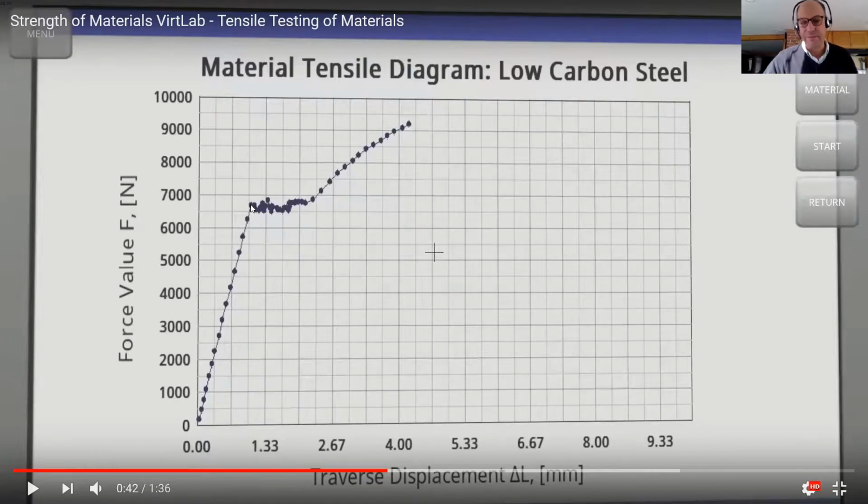We've taken off here on the force elongation graph 6,700 newtons, right, is our force, and that allowed us to extend that 1 millimeter. So 1 millimeter is our delta, or delta L. And that's the two things that I want you to find out from this lab.